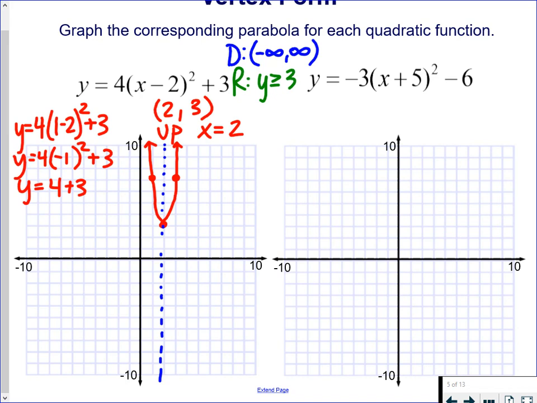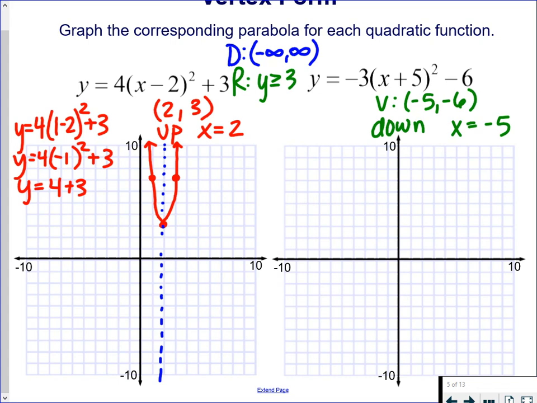So if I look at this problem and I say my vertex is -5, -6, I know it opens down and my axis of symmetry is x equals -5.